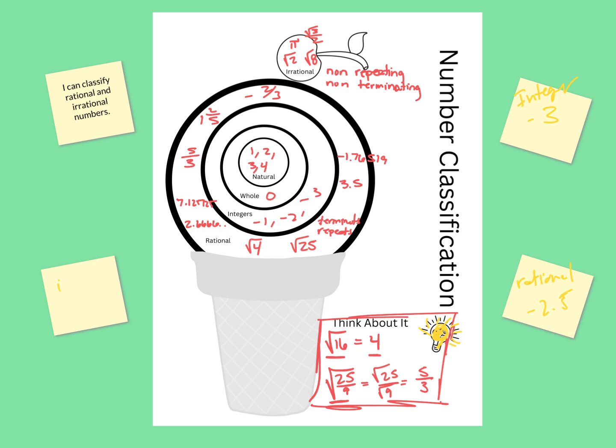If I were asked to give an example of an irrational number, instead of just pi, I can say 3 pi, because again, the 3 is rational, but because pi is irrational, if any part of this is irrational, it makes the whole thing irrational.